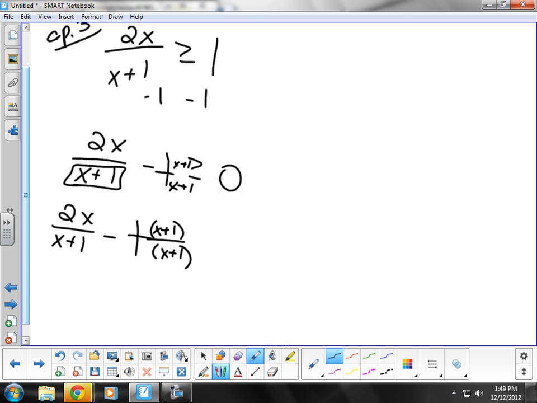For me to be able to have one fraction, I've got to have the same denominator on them, right? When I add or subtract fractions, you've got to fix this so that it will add together and become one fraction as a whole. 1 is 1 over 1. I just made it a fraction. 1 is the same thing as 1 over 1.